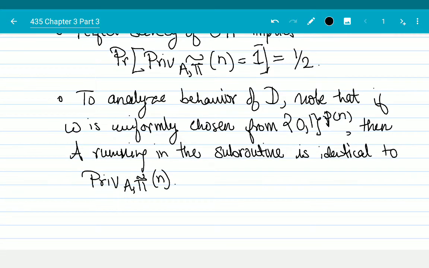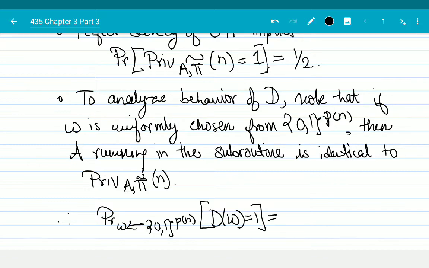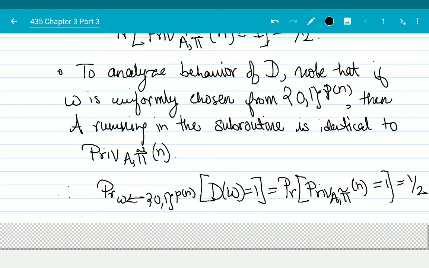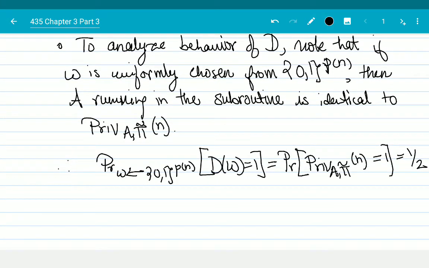Okay. Therefore, the probability that W is chosen from 0, 1 to the Pn uniformly, and then D succeeds, D of W is equal to 1, is the same as the probability that the private key encryption of A pi tilde of n is equal to 1, which is equal to 1/2. Right?